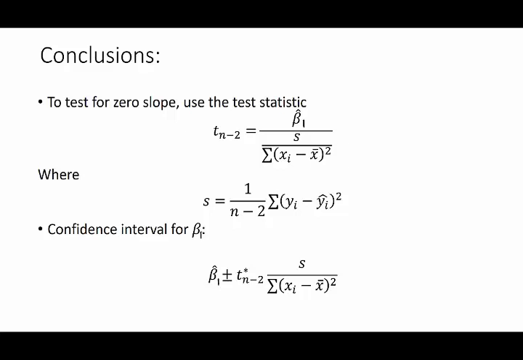So the conclusion is that to test for zero slope, our test statistic is going to be beta 1 hat, which we have a nice formula for, divided by S over the square root of the sum of the squared deviations of X from their mean, where S is that standard error of the residuals again.